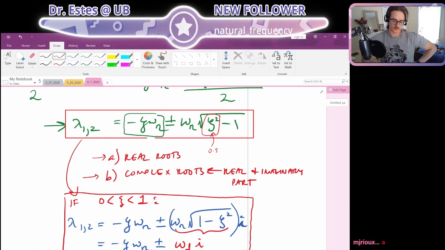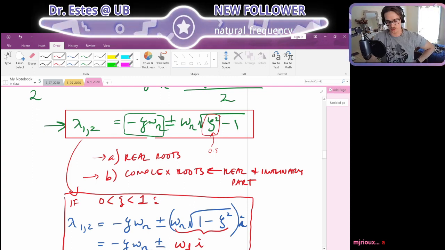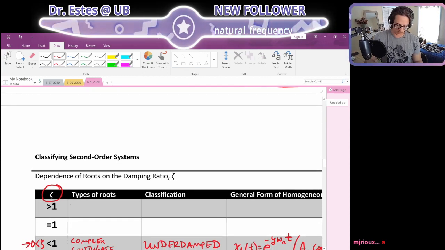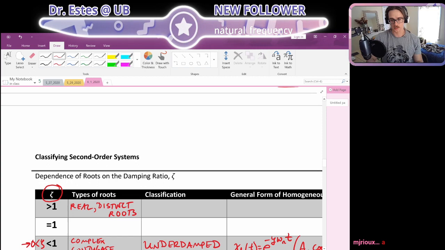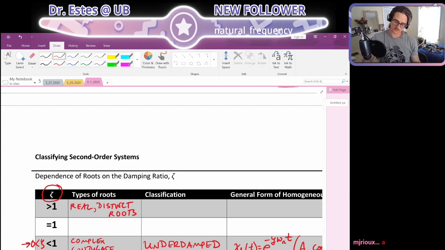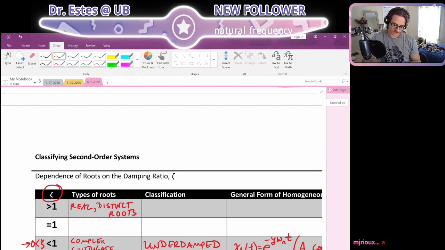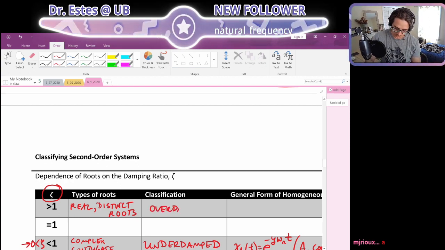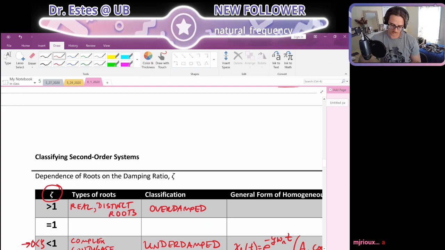A. That's right, because this square root will evaluate to a real number, so you'll have minus zeta times omega n plus or minus a real number. So when it's greater than 1, we're going to get real distinct roots. That means two different real numbers. So I'll get 2 real roots. The classification is overdamped. And I have an example for this later.